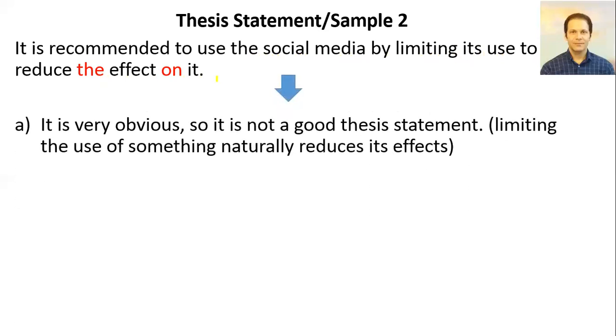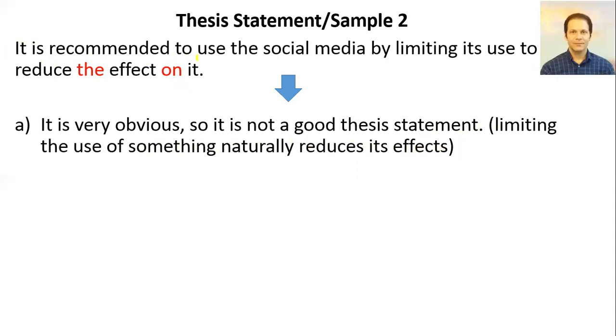Okay, as you can see, the first problem with this thesis statement is that it is very obvious. So it is not a good thesis statement because a good thesis statement shows argument. So for example, here, limiting the use of something naturally reduces its effect.